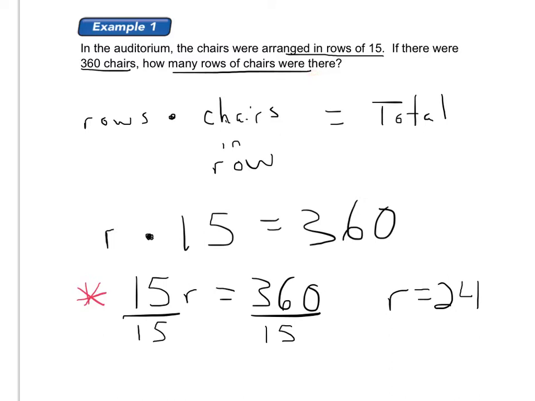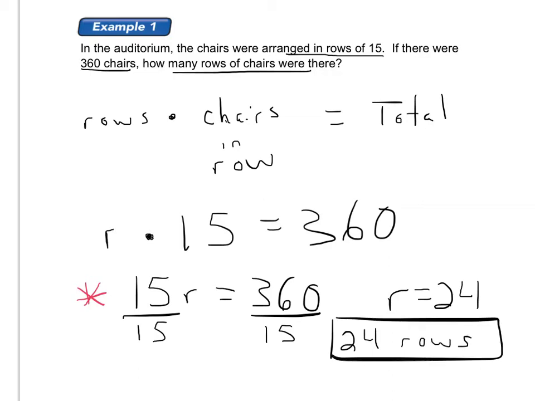So, how many rows of chairs were there? I'm going to now answer the question. There were 24 rows. So again, important things from this example are set up the equation first, and then solve the equation. Okay, we want to put our word problems into equations. Alright, and we have one more example.